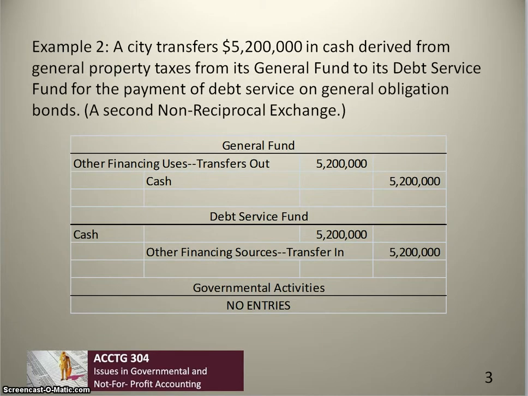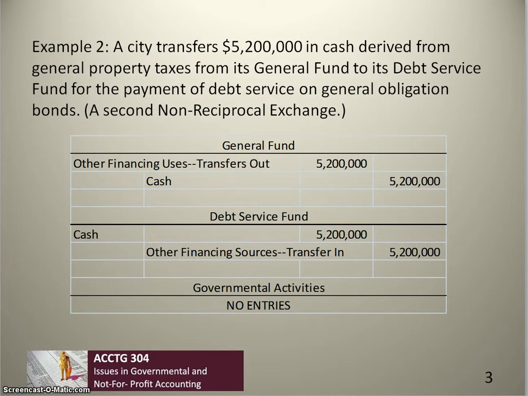Example 2. A city transfers cash derived from general property taxes from its general fund to its debt service funds because it intends to use the money for payment of debt service on general obligation bonds. This would be a second non-reciprocal exchange. It's a one-way transfer of resources from the general fund to the debt service fund. We record the entry as a transfer out in the general fund.